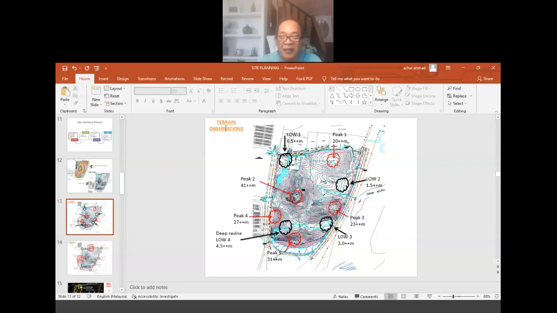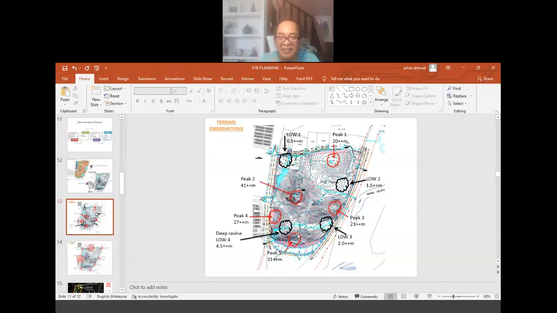For example, on the terrain observations, we can look at there are certain peaks, there are certain hills, undulating within the same site. There are several peaks. We have peak number 1, which is approximately 20 meters plus. Okay, peak number 2, the highest peak, which is about 40 plus meters. Peak number 3, which is approximately 23 plus meters. Peak number 4, and finally peak number 5. So there are 5 different peaks within the site itself.